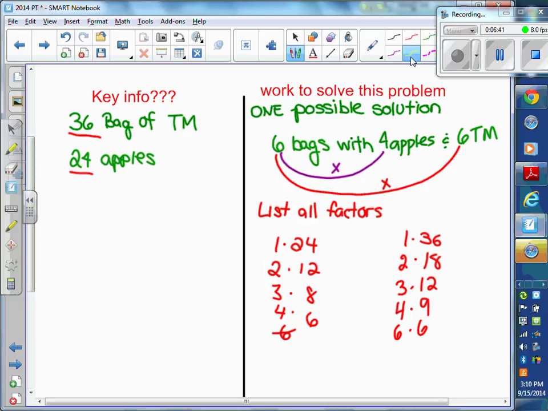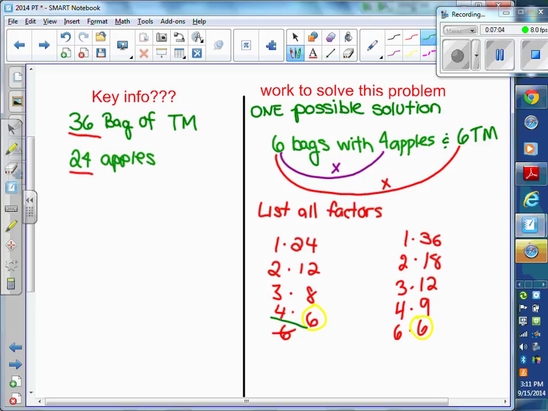Okay, she said, for example, 4 and 6. What I would say is, if you knew that 6 was common to both, you guys see that 6 is common to both? Then that means you'd have 6 bags, because both of them can be divided equally.